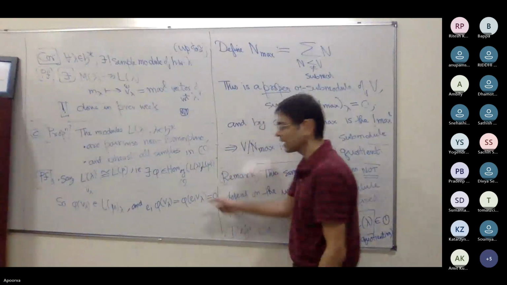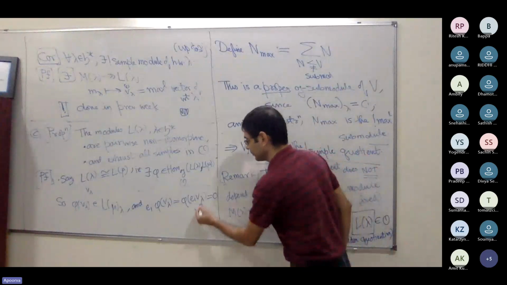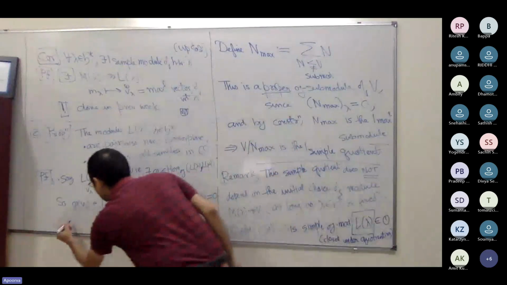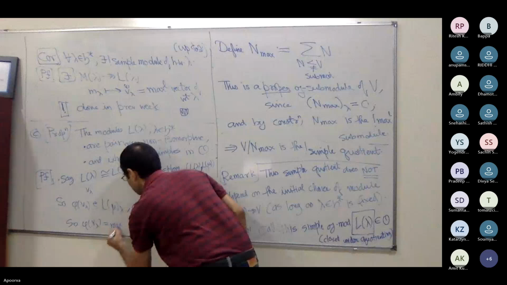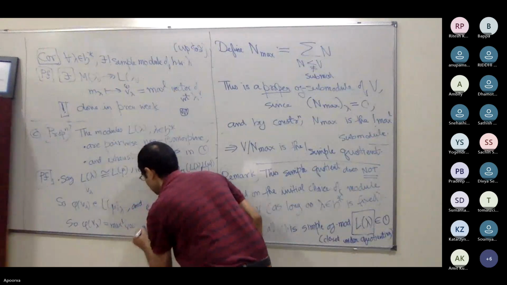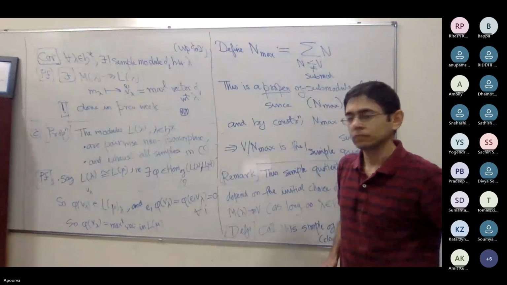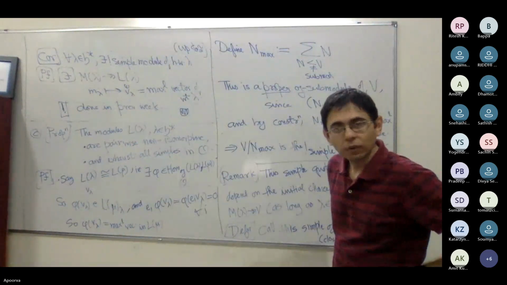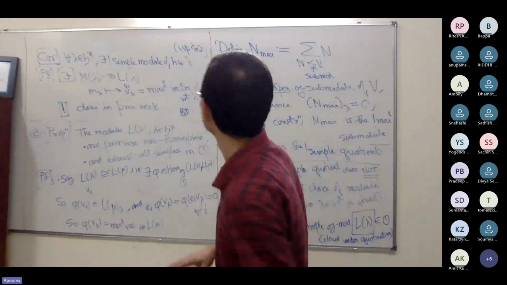This is just 0, phi of 0 being 0. For all i. So this is therefore a maximal vector in L mu. But then what do we know? Maximal vectors generate submodules, right?